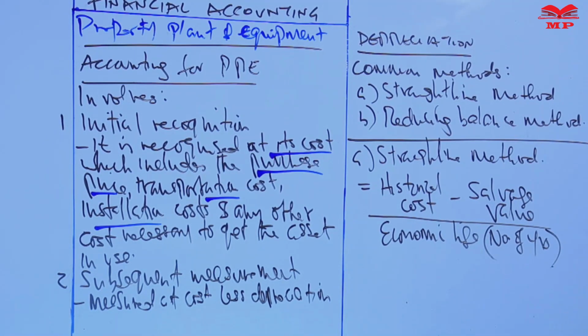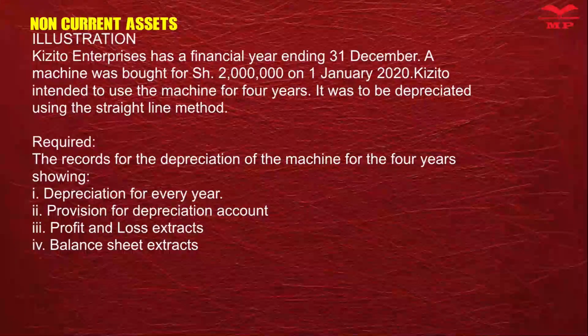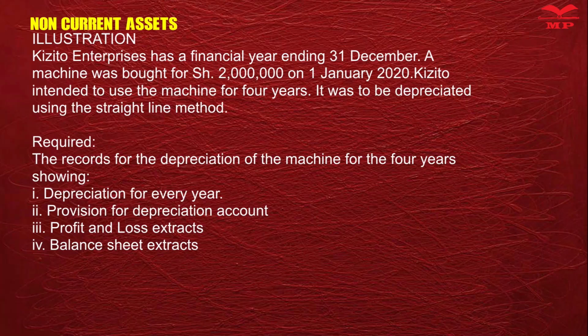Let's have an illustration. Kizito Enterprises has a financial year ending 31st December. The machine was bought for 2 million on 1st January 2020. Kizito intended to use the machine for 4 years. It was to be depreciated using the straight line method.